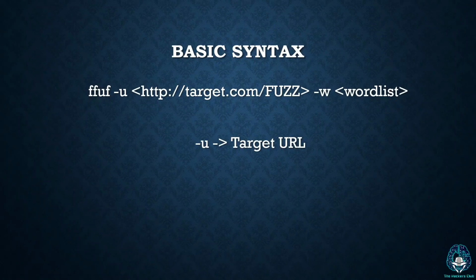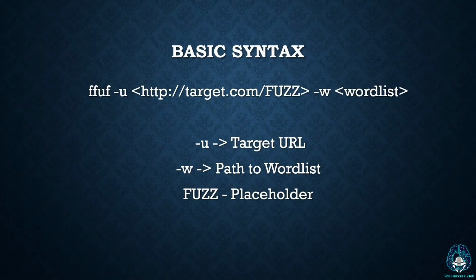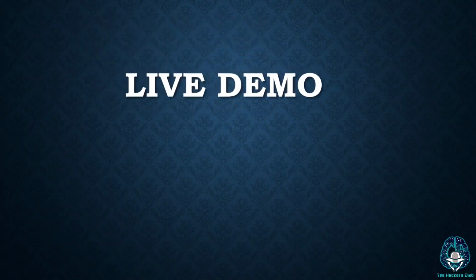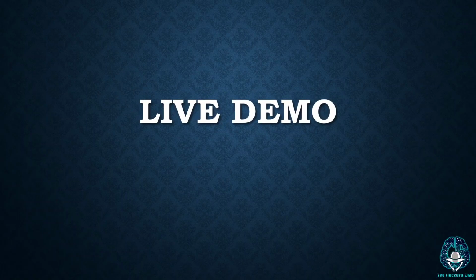So -u is the target URL, -w is to specify the path to the word list, and FUZZ is a placeholder where FFUF is going to inject the different inputs from the word list and record the response. This is the output of the help command of the FFUF tool. So let's move on to the live demonstration.